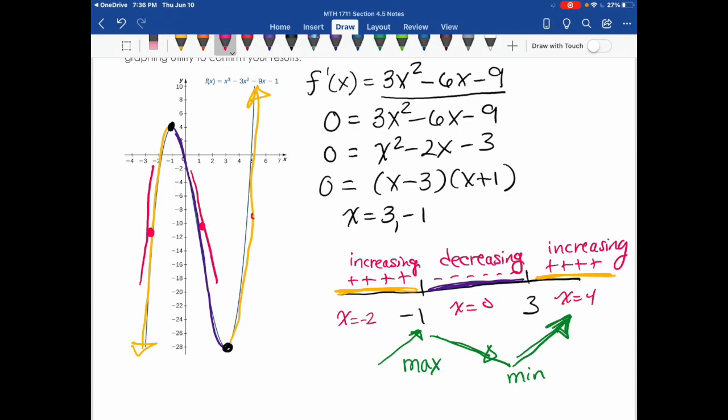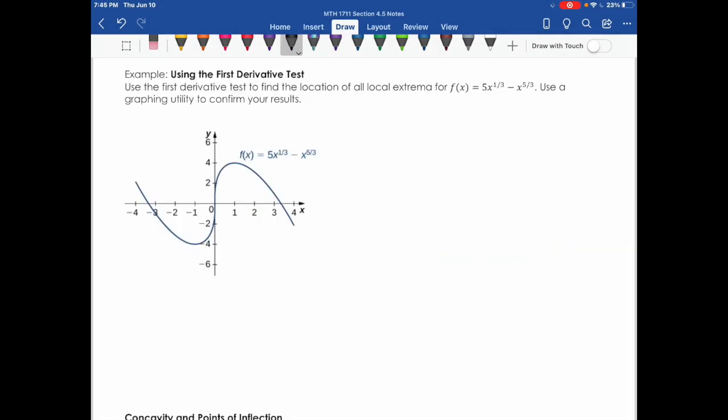If I pick a point on this interval, the slope of the tangent line at that point is negative. And then if I pick a point on this interval from 3 to infinity, the slope of that tangent line is positive. So where the tangent lines are positive and negative indicates where the function is increasing and decreasing.